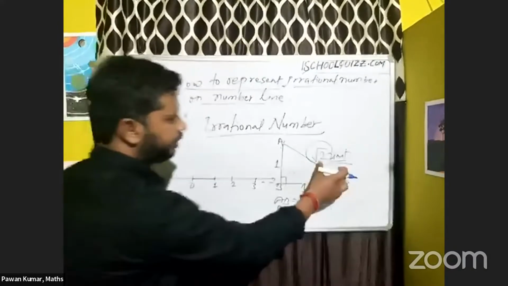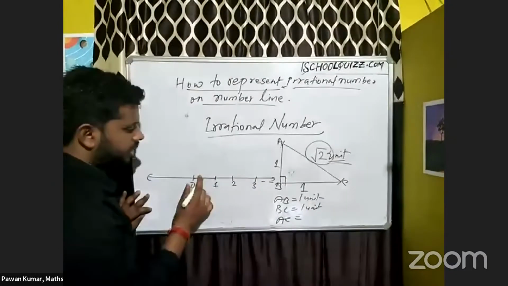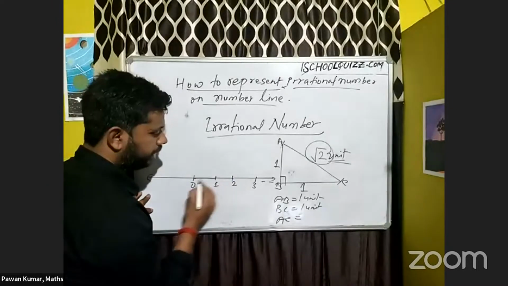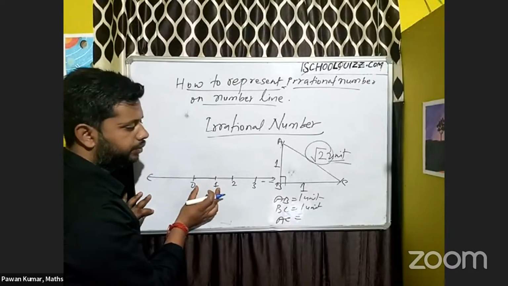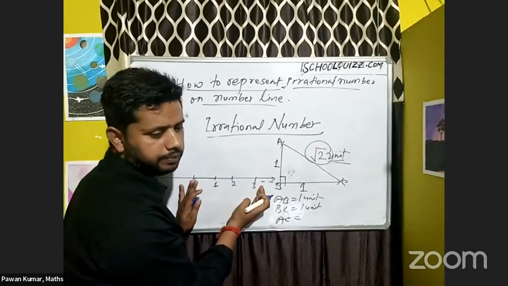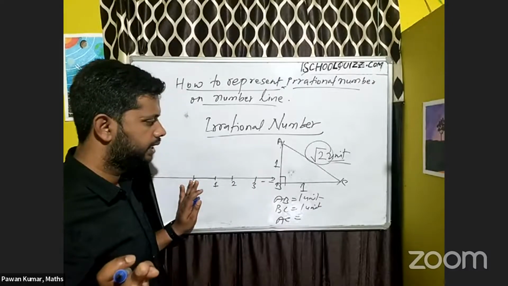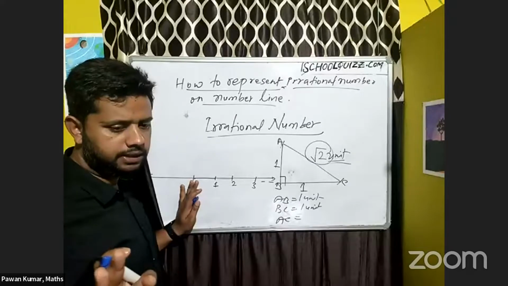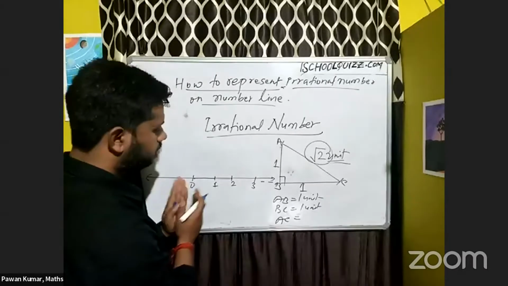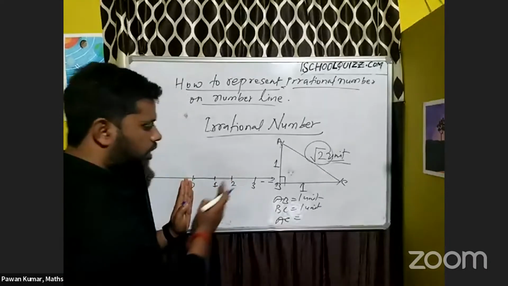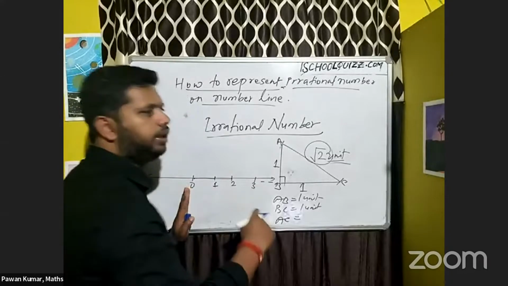You can take 2 centimeter as 1 unit, or 1 centimeter as 1 unit, or 3 centimeter as 1 unit. That depends on you, correct? Understand my point?